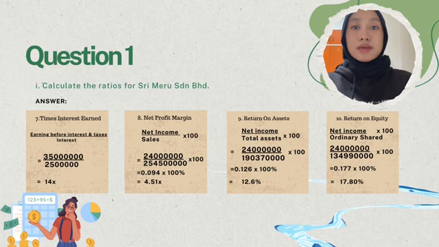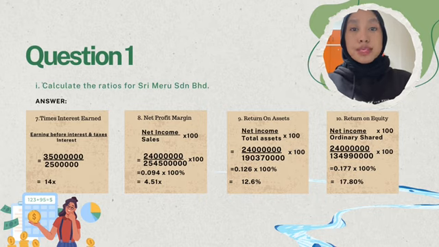Number 7 is times interest earned. To calculate times interest earned, the formula is amount of earning before interest tax divided with amount of interest, which is 35000000 divided with 2500000, and the total is 40 times.